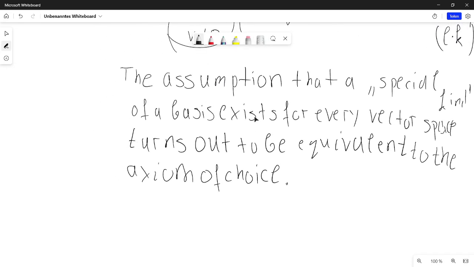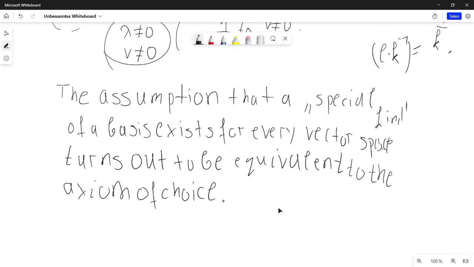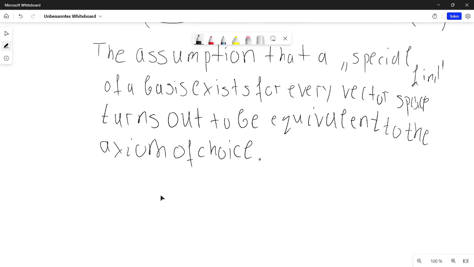In the mathematics we are quite happy with, a basis exists for every vector space, but a special basis, right? And other than that, it's just definitory things concerning the existence.